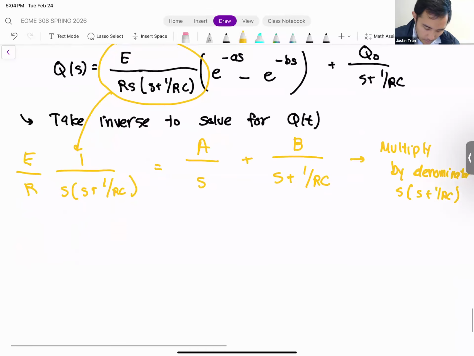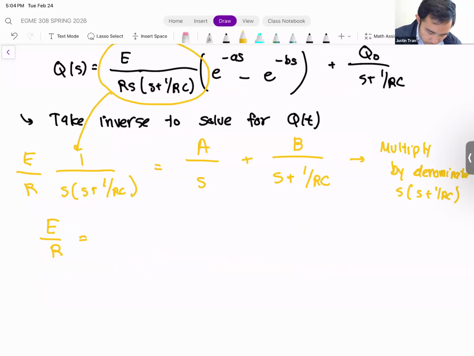So we do that. We get E over R is equal to A times s plus 1 over RC plus B times s.